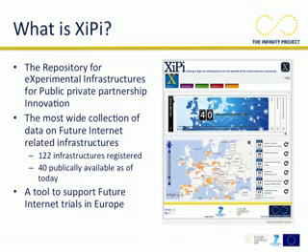One of the main purposes of this work is to support people who want to experiment with future Internet to find infrastructure where they can deploy their applications. So far this is the most wide effort ever done to catalog this type of infrastructure.